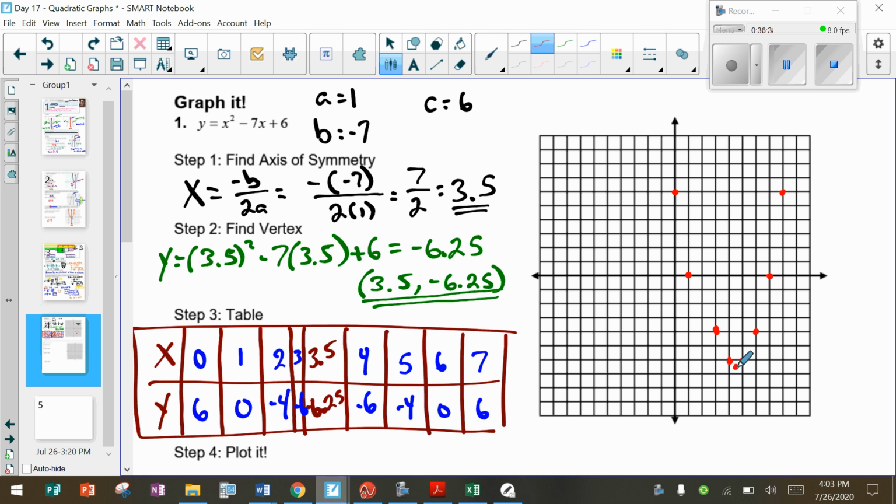Then I tried nice and carefully to make this a curved parabola, and then we have our graph finished. Boop. I try to make it curved. Sometimes my hand's a little shaky, or sometimes I plot a point in the wrong spot.